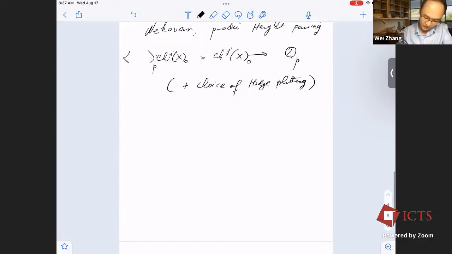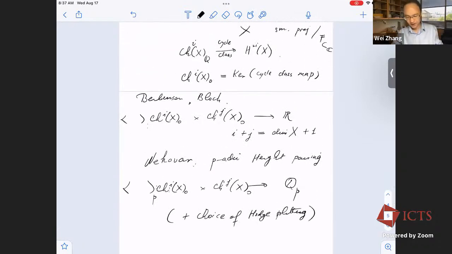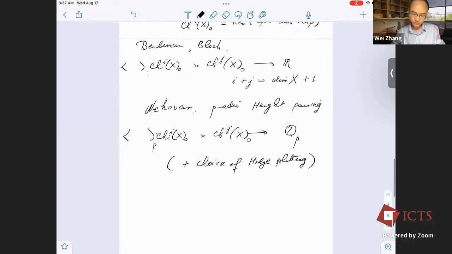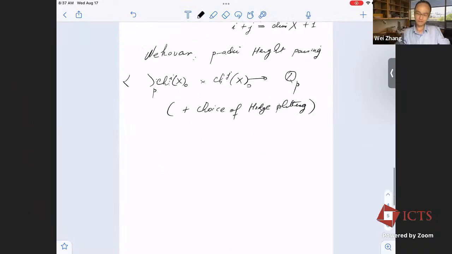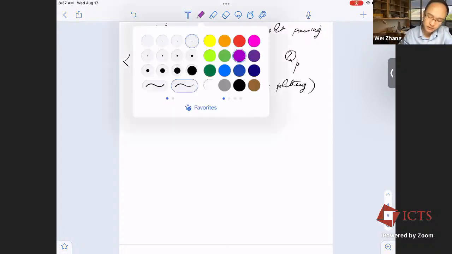Okay, so if you apply the p-adic height, this has a nice property in the sense that the correspondences behave very well. In fact, this height pairing, the p-adic height pairing, really factors through the cycle class map, the p-adic Abel-Jacobi map.